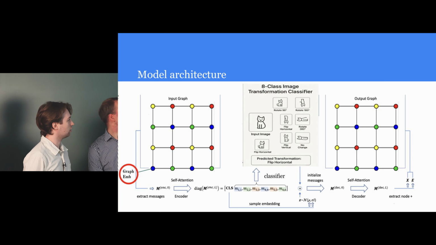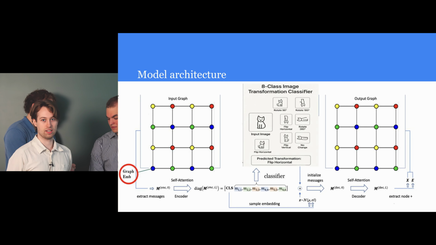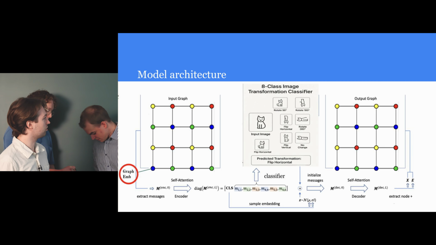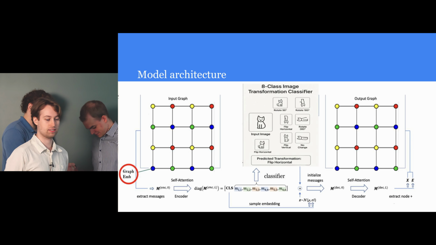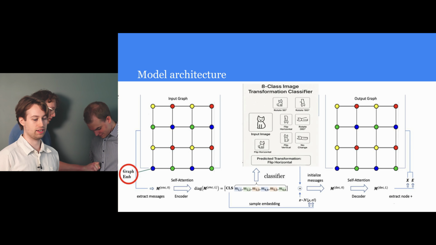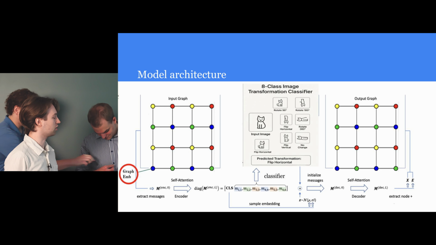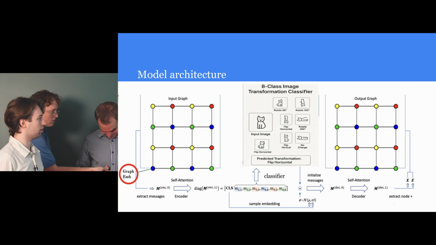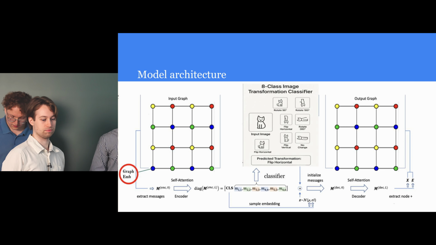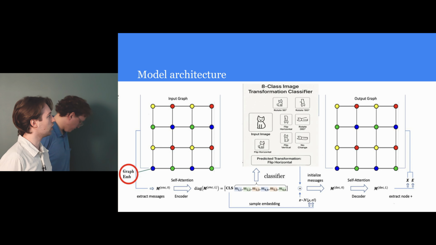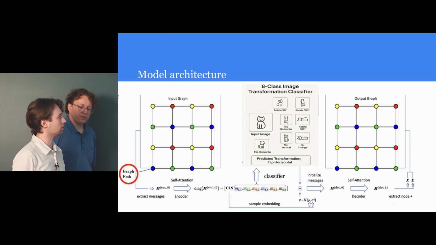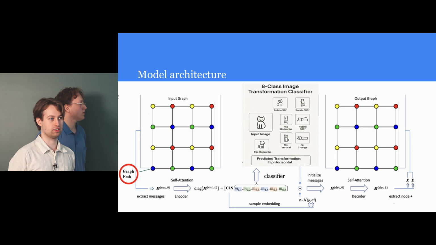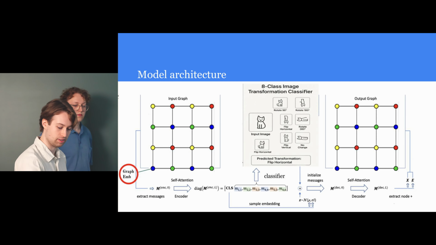We add an additional graph node that is used as a CLS token, a kind of latent from which we can get the global representation. To preserve the invariance, we introduced a permuter model that classified or learned each of the 8 permutations, and then the task is to reconstruct the image graph as usual for autoencoders.